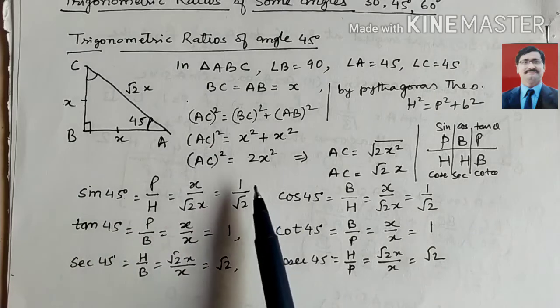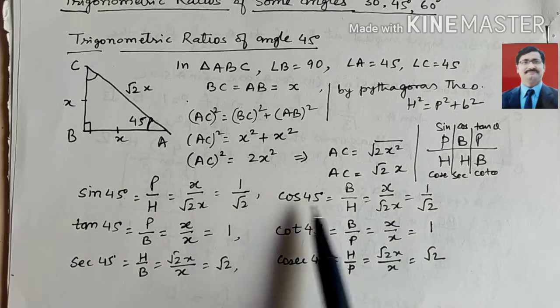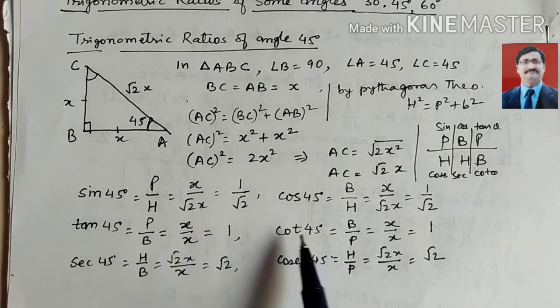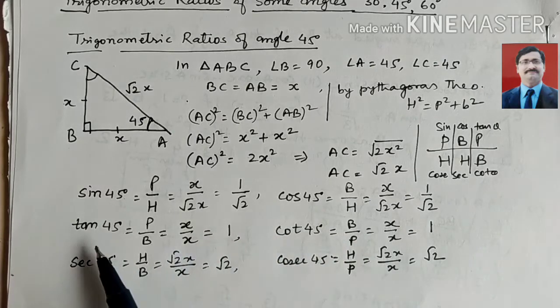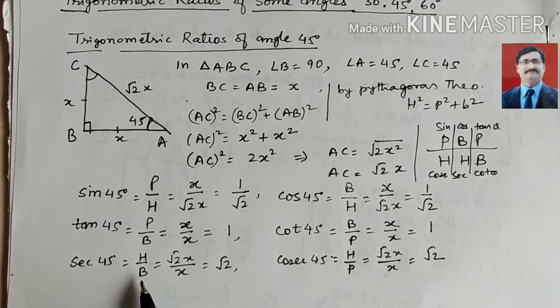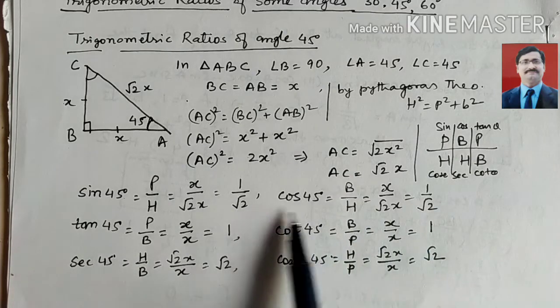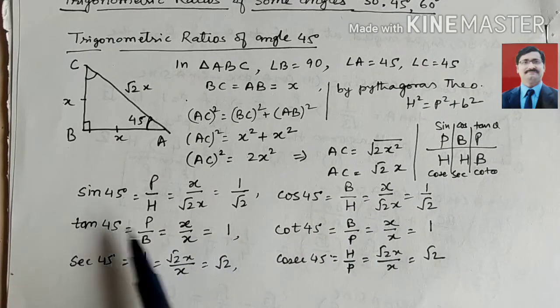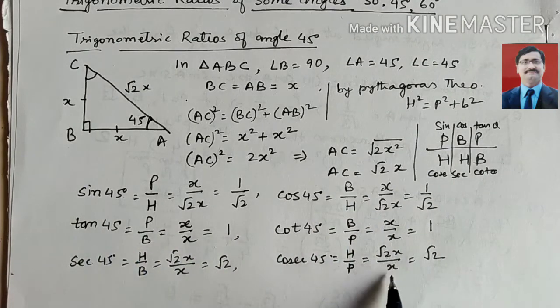Sine 45 is 1 upon root 2, cos 45 is 1 upon root 2, tan 45 is 1, and cot 45 is the reciprocal of tan 45, so also 1. Sec 45 is the reciprocal of cos 45, and cosec 45 is root 2 X upon X, which is root 2. So in this way you can find all these values.